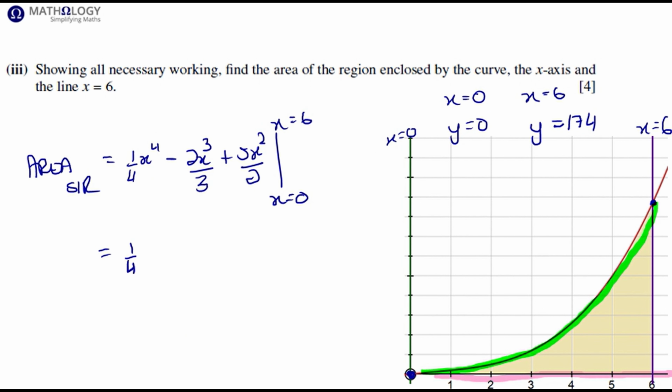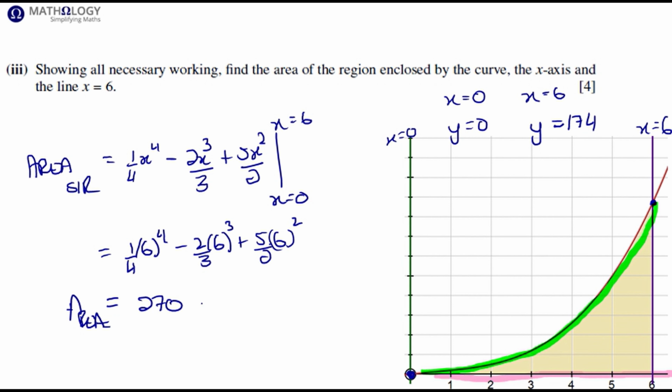So there'll be a quarter times 6 to the 4, minus 2/3 times 6 cubed, plus 5/2 times 6 squared, less where x equals 0, so all of these terms will just be 0. So the area therefore equals 270 units squared.